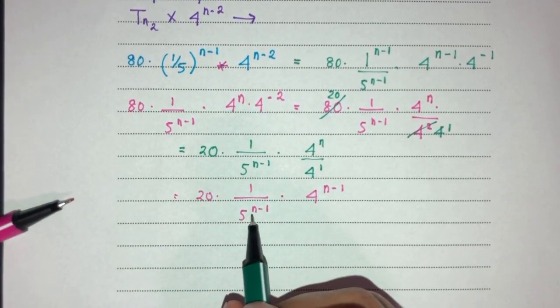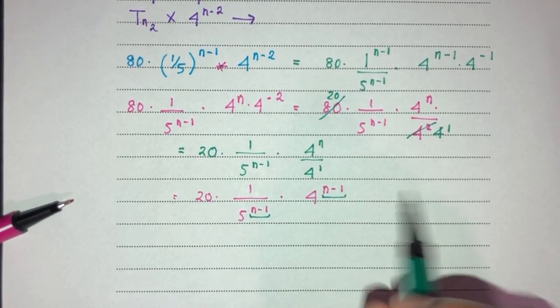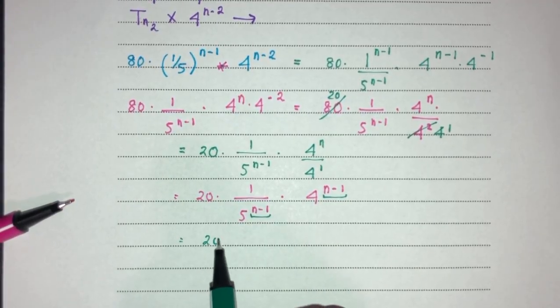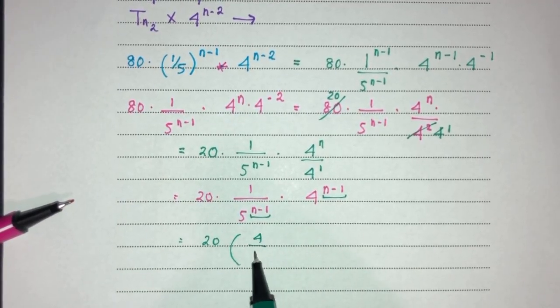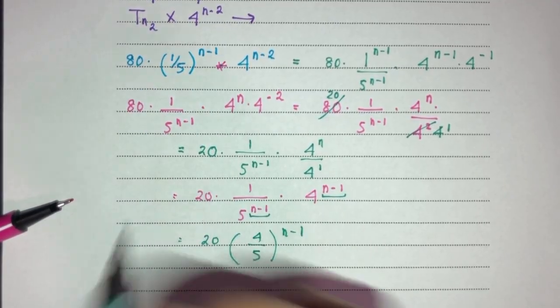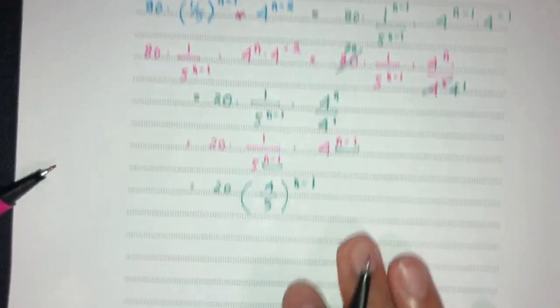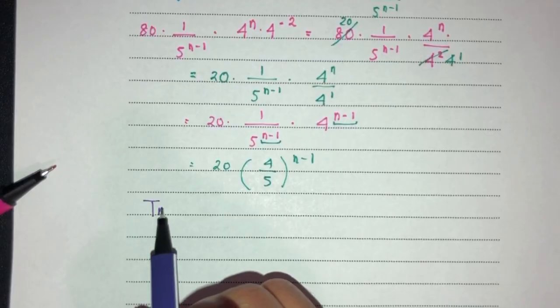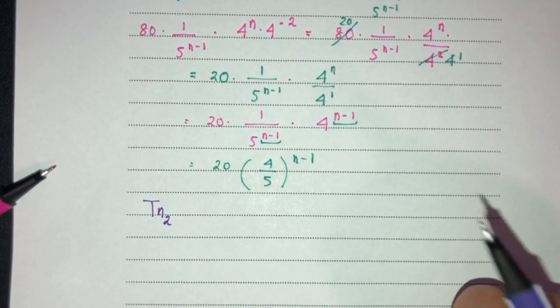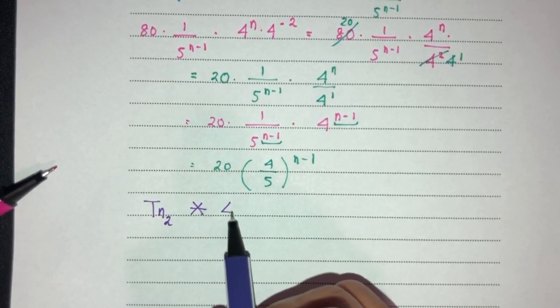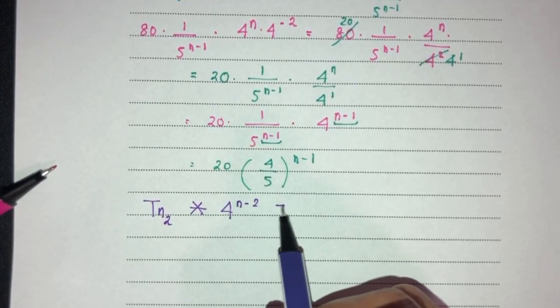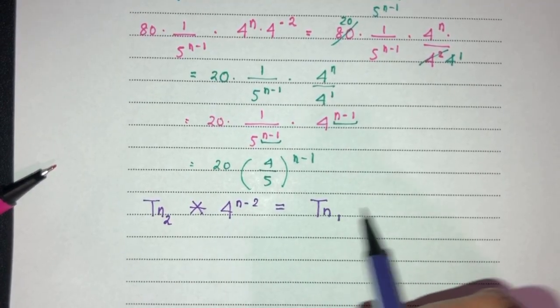Because the powers are the same, they can be combined together. That should become 20 times 4 over 5 to the n minus 1. So basically I was able to prove that if I take the second geometric progression multiplied by 4n minus 2, I get the first geometric progression.